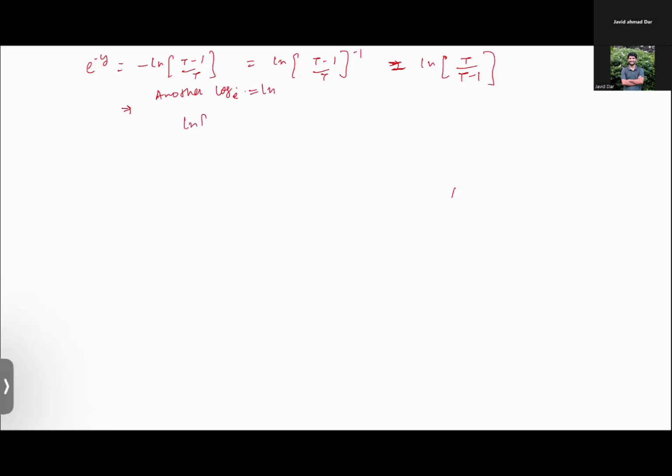So ln of e raised to the power minus y equals ln of ln of T divided by (T minus 1) on the right side. So this will become minus y is equal to ln ln of T divided by (T minus 1), which will imply that y is going to be equal to minus ln ln of T divided by (T minus 1).